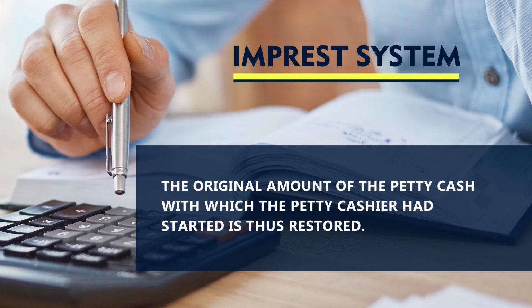Say for example, if I was given 5,000 rupees and during the month of January I spent 2,000 rupees on petty cash payments, and I obtained the vouchers of rupees 2,000. I recorded all these transactions in the petty cash book, and on 31st January, I presented the petty cash book before the chief cashier.